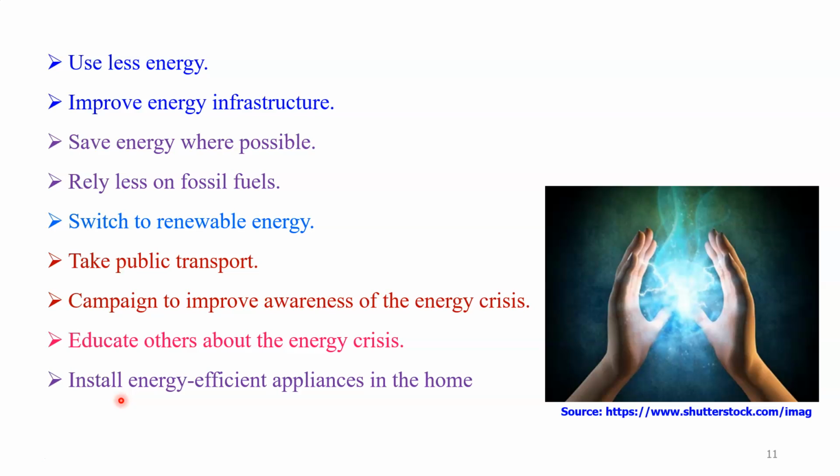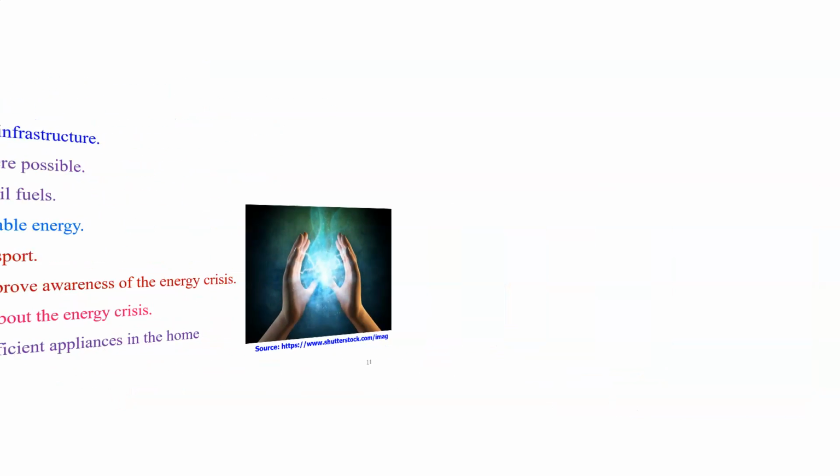When we do not maintain them properly, they consume a lot of energy. So if you want to avoid this, energy efficient appliances are very important, and purposely we have to take care of this. If you can do this, definitely it will help us to reduce the intensity of the energy crisis that you observe in all parts of India.